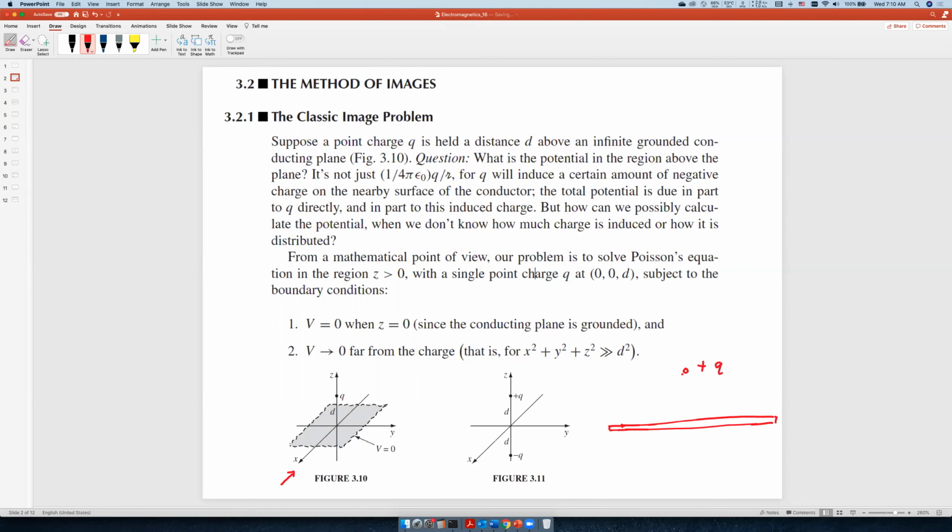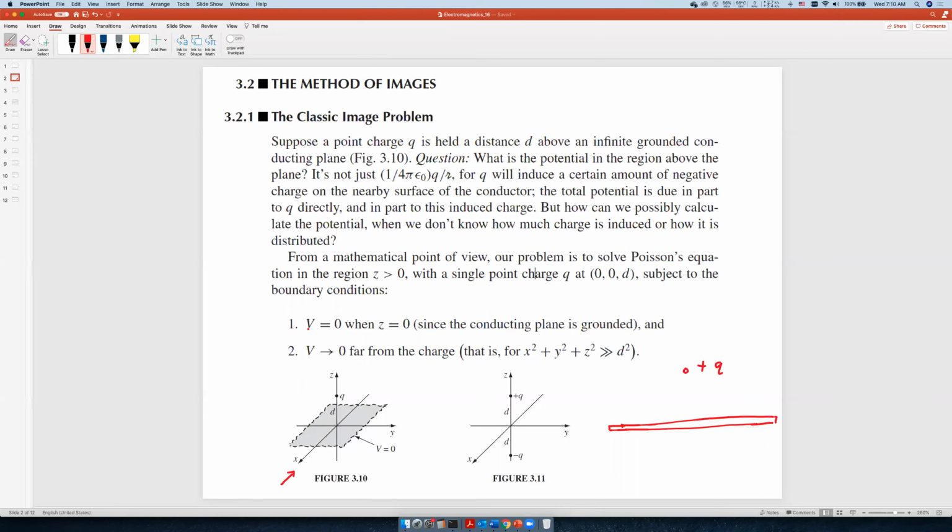And then, first of all, if I ask you what's the potential distribution and what are the electric field lines? For the potential distribution, it's clearly said in the textbook.